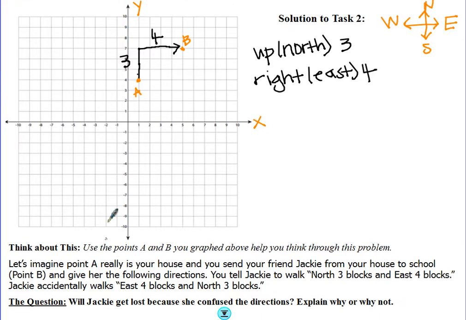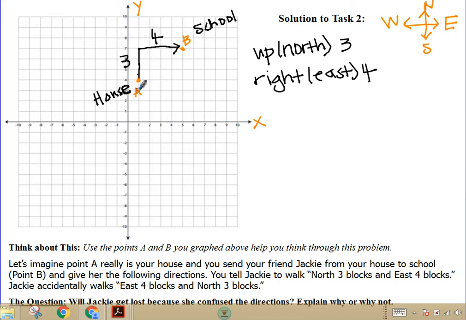Let's imagine point A really is your house, and you send your friend Jackie from your house to school, which is point B. So if you say point A is the house, you don't have to label it like I did, but I'm just going to write these down. And it says, you have a friend and you're sending your friend from your house to your school. So you have your friend. I'm going to draw Jackie. That's her right here. She's at point A.